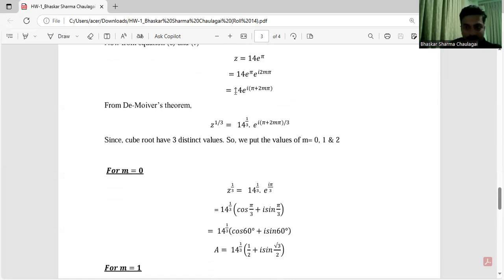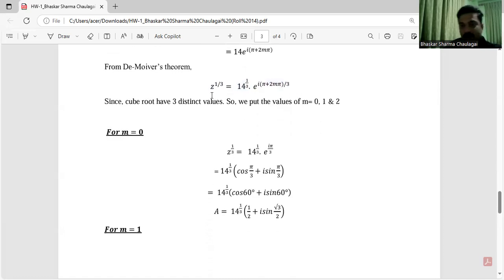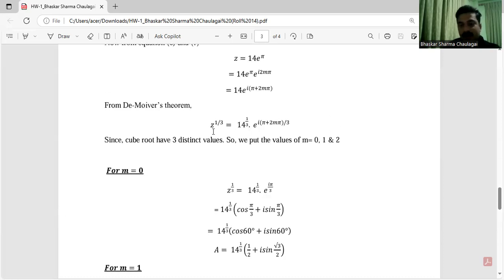Now, after getting this, we'll be using de Moivre's theorem, where if the power of the variable is reduced, then all the powers here are reduced accordingly. So if the power of z is 1 divided by 3, then we write the power of 14 also as 1 divided by 3, and the power of Euler's number also as 1 divided by 3. The final result of z to the power 1 by 3 is displayed here.